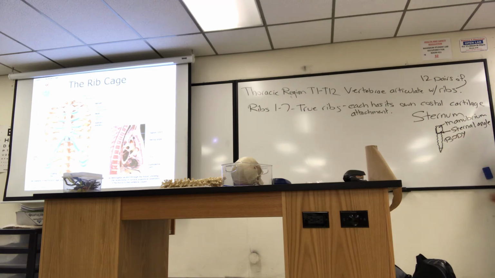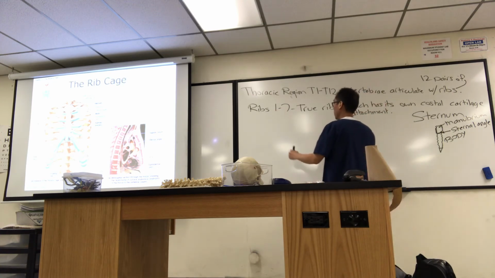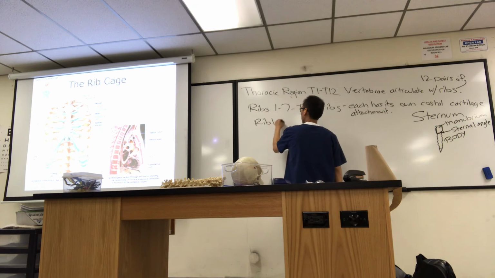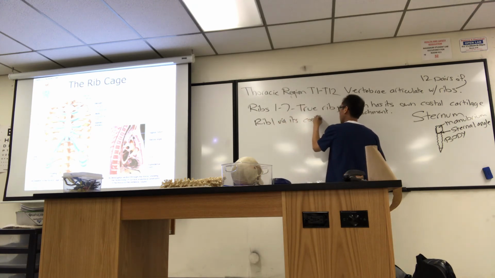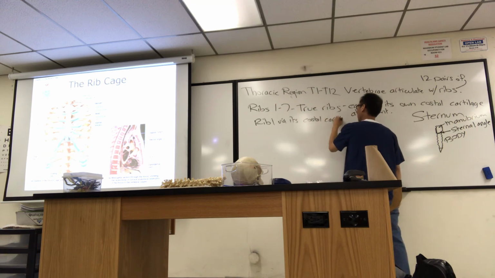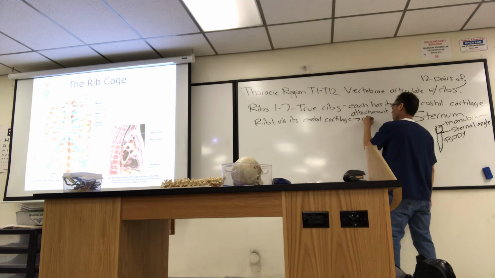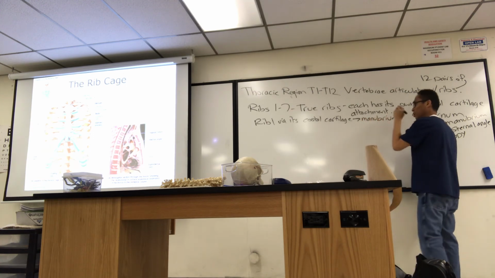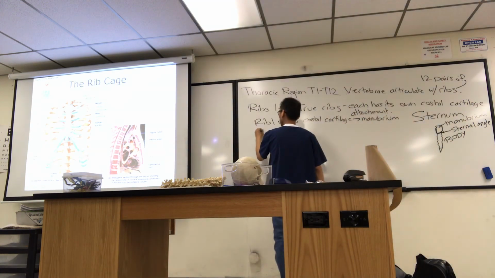Well, anyways, rib 1 articulates with the manubrium via its costal cartilage. Rib 2 will articulate at the sternal angle via its costal cartilage.